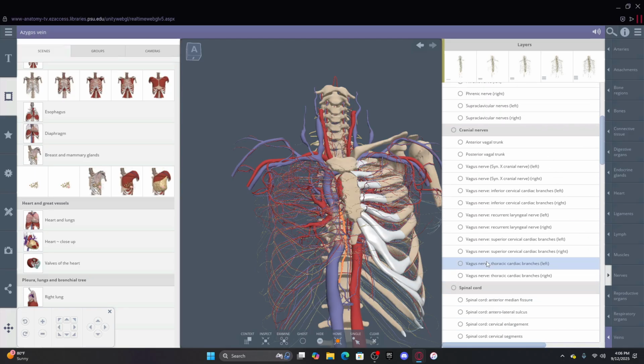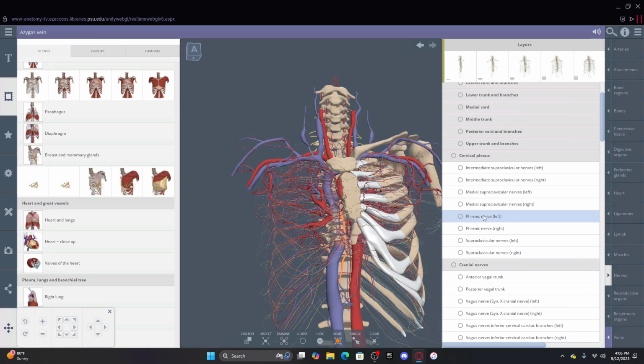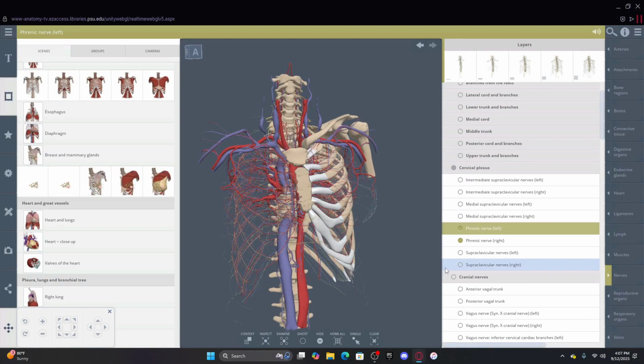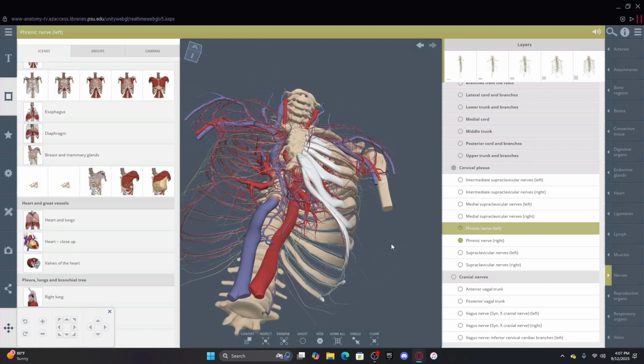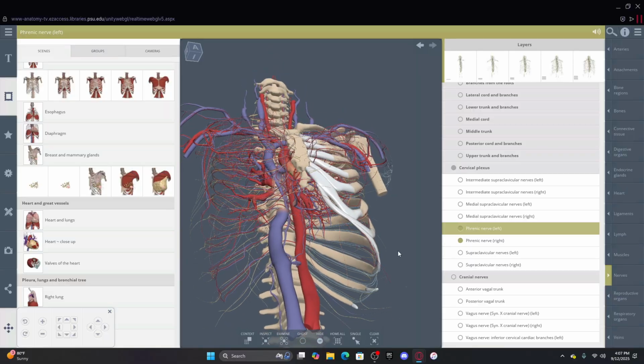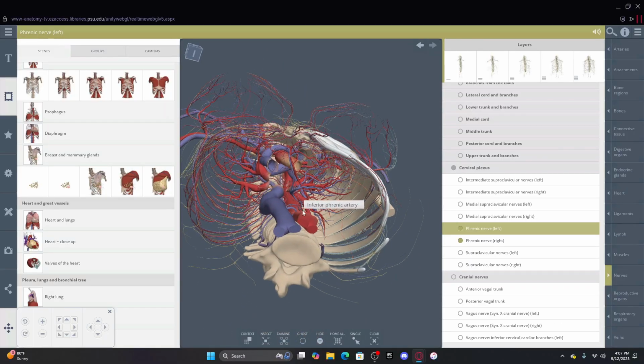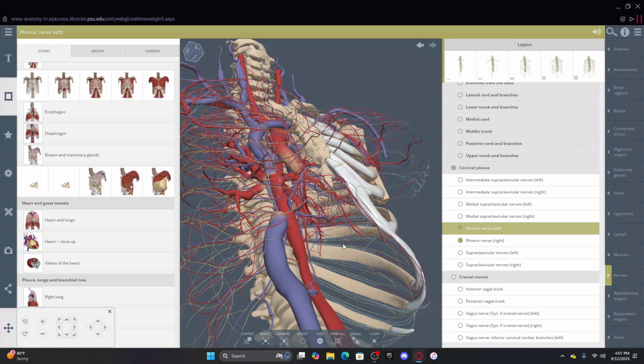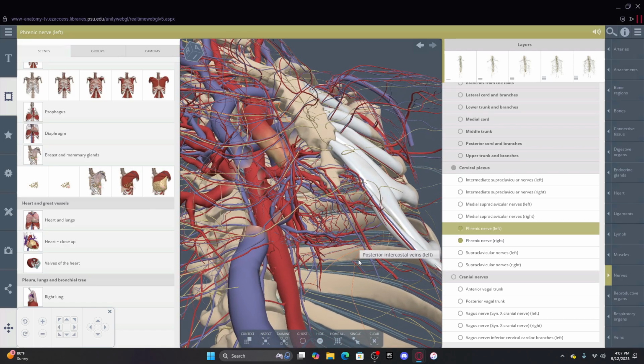There we go. All right, so we have the right and left phrenic nerve selected. It's kind of hard to see, but they are present. You have to make sure that you're touching it exactly.